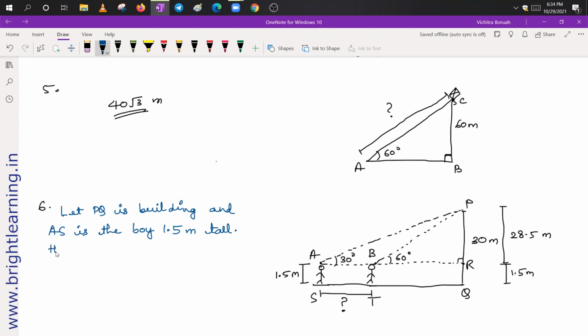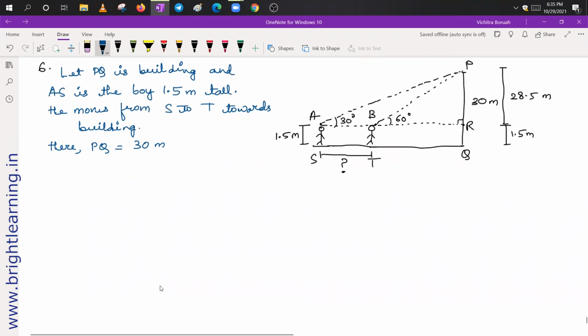Now he moves from point S to point T towards the building. Okay. Now here, length of PQ, that is the height of the building, it is given in the question, that is 30 meters.